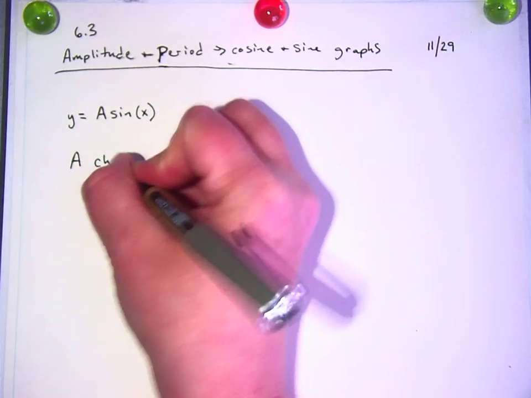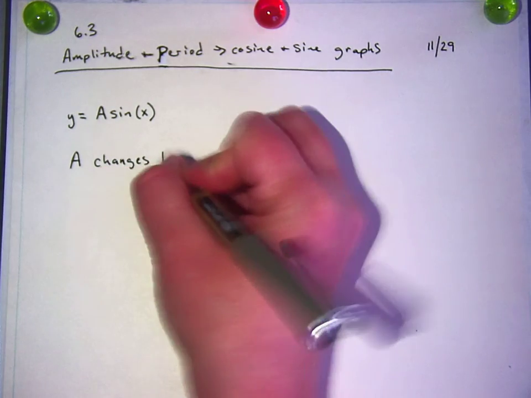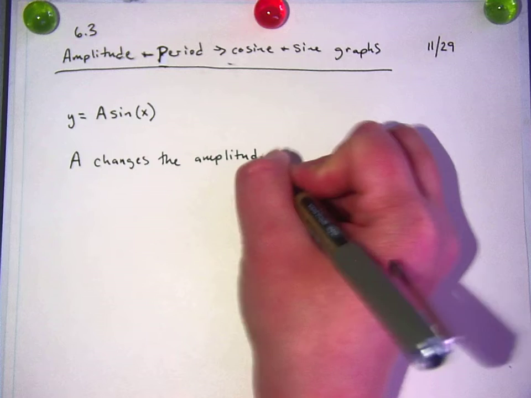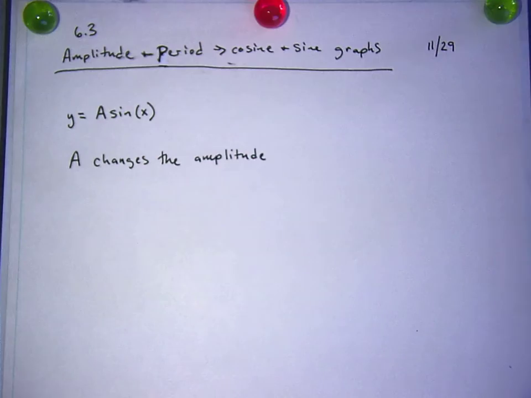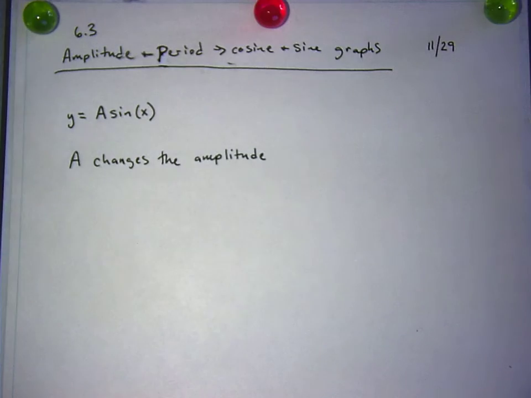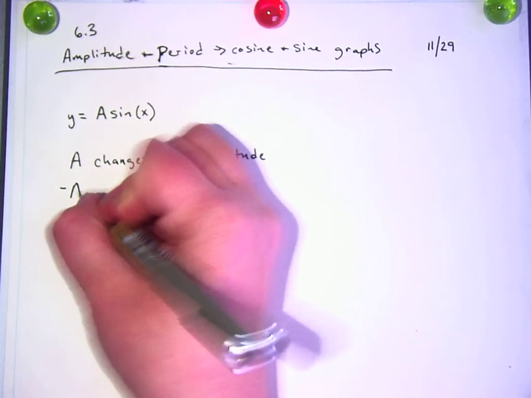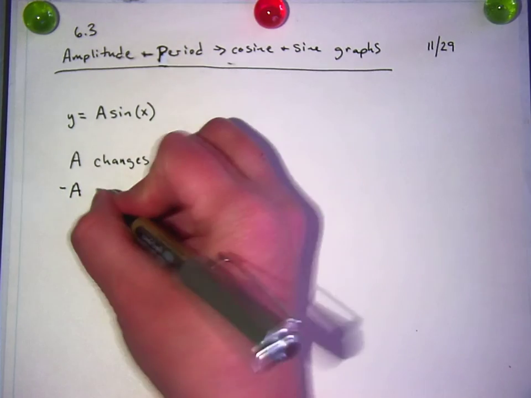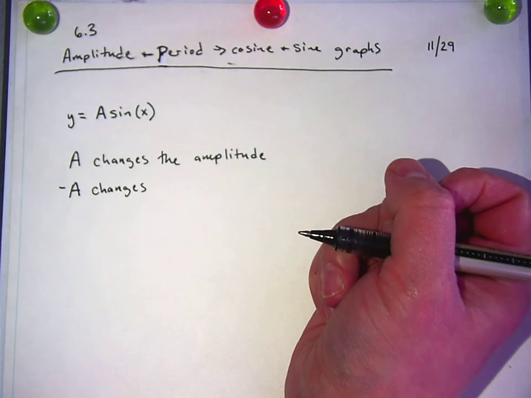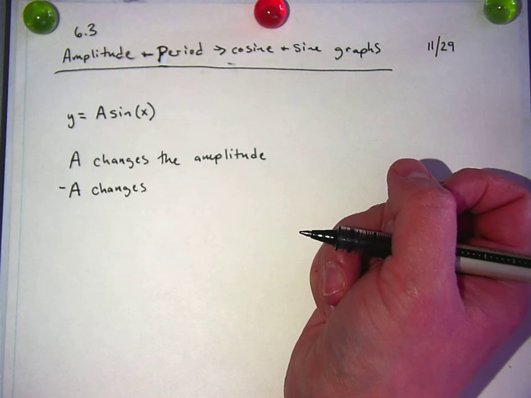A changes the amplitude. On negative A changes, what should we say? Inversion. The direction?